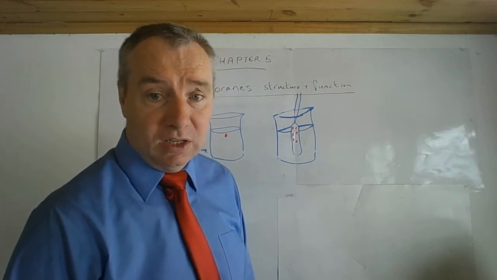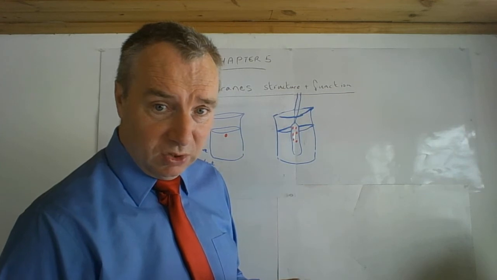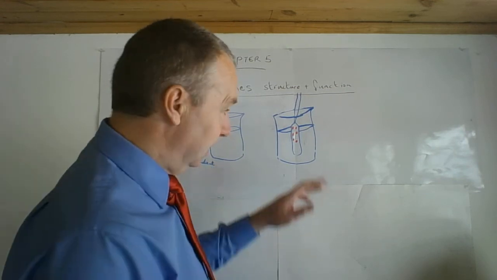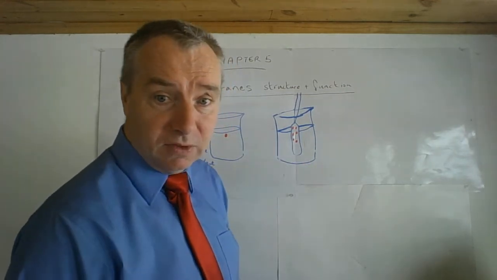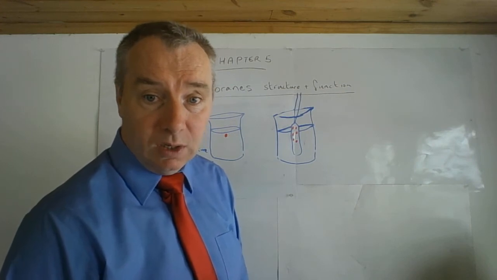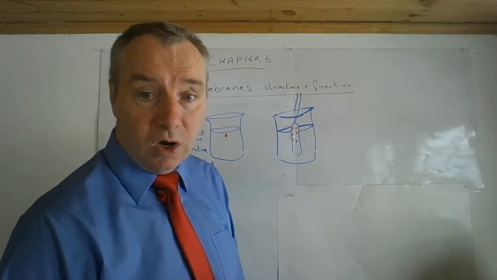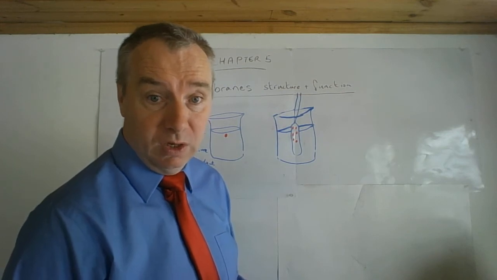Now, there is a big difference between osmosis and diffusion, and that is there is a semi-permeable membrane involved, and also the other difference is water is the only thing that moves in osmosis.